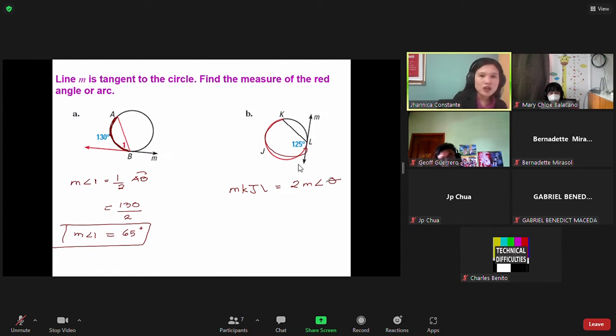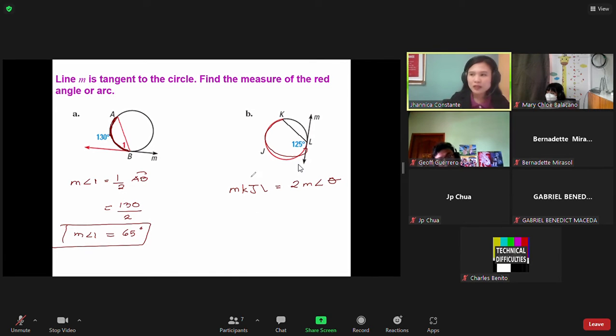So when we are looking for the measurement of the arc, given that the measurement of the angle that is being produced by our tangent and chord is given, we're just going to multiply it by 2, or twice the measurement of the given angle that we have in our circle.